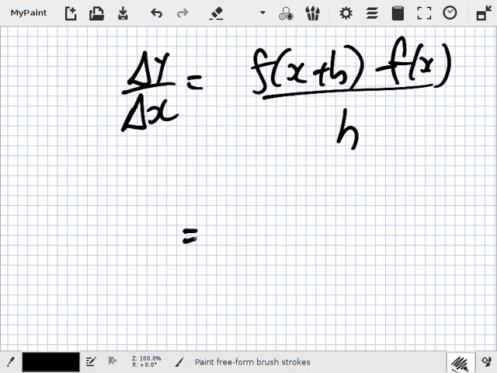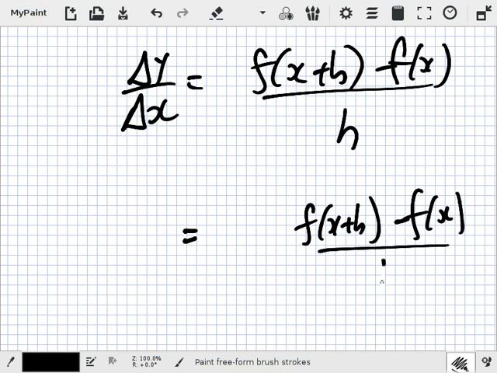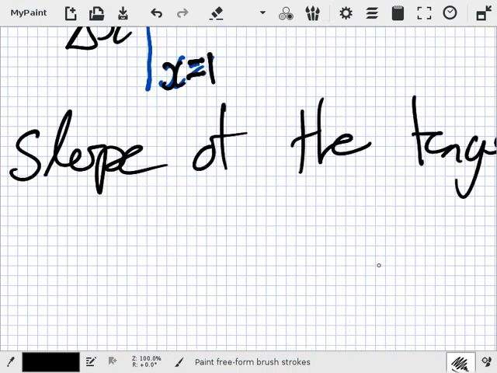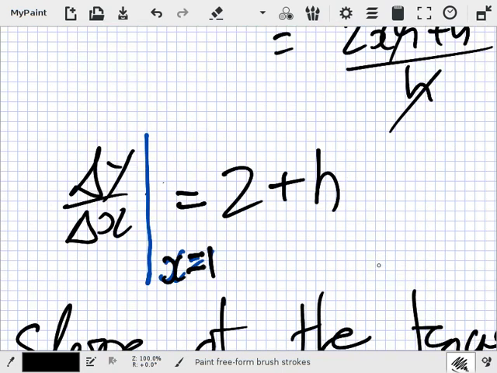But the tangent slope is nearly the same thing, except we just have to make one small addition to it. What do we do if we want a tangent? Well, we just saw a moment ago it's something to do with the h. You have to make the h become 0 at the end. So at the very last step, we imagine the h becomes 0, and we've just figured out the tangent slope.